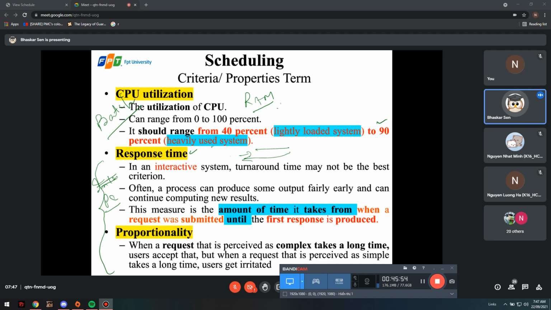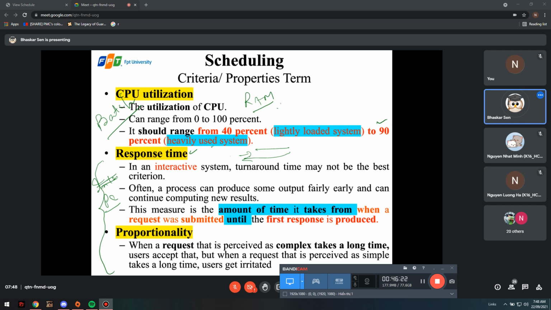We know response time. You open a browser, which is an app that is running. It's not about how long the browser takes to run to completion. That would be turnaround time, but that is impractical because it really depends on the user these days. So we don't consider turnaround time as a criterion for interactive algorithms.